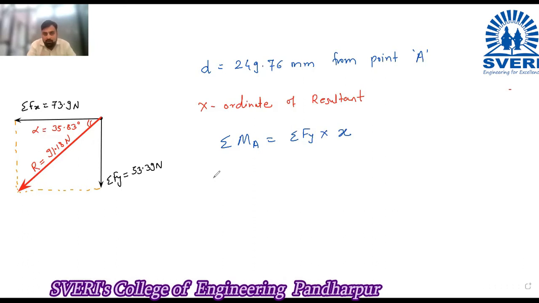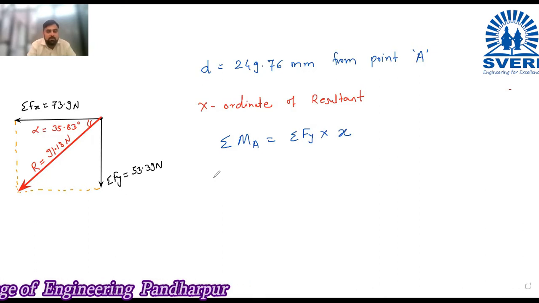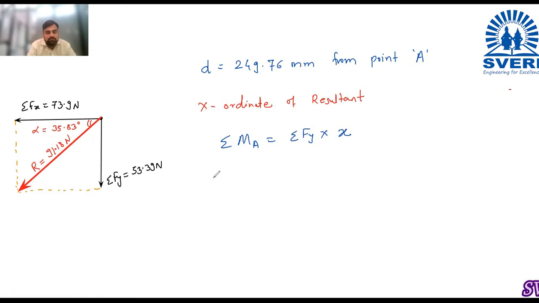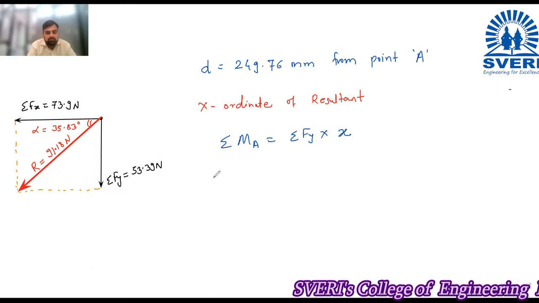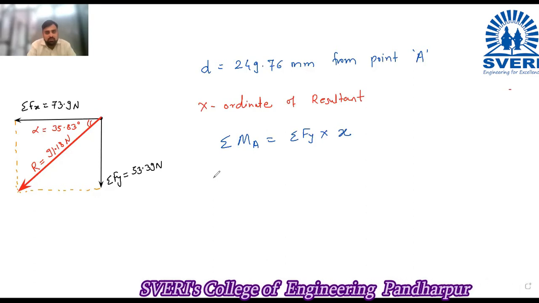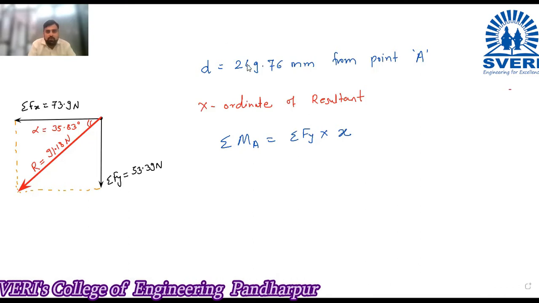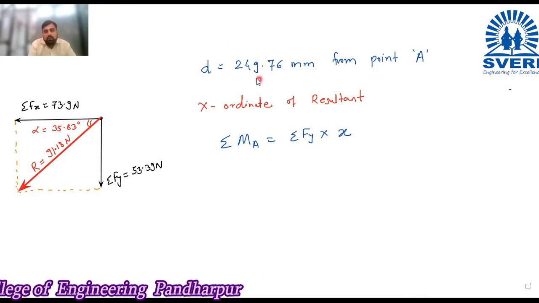Now you have already calculated summation M. What is the value of summation M about A? When you calculated it, you got 249.76. How did we calculate that?